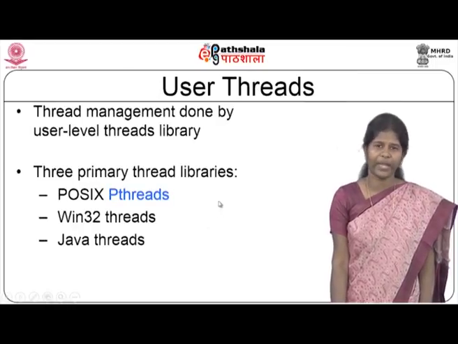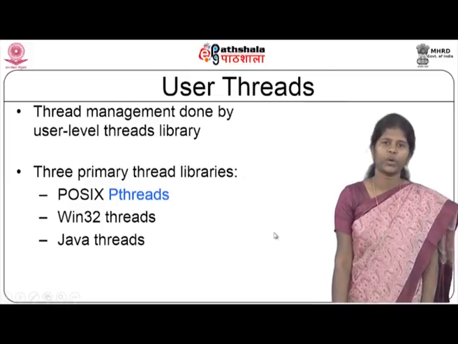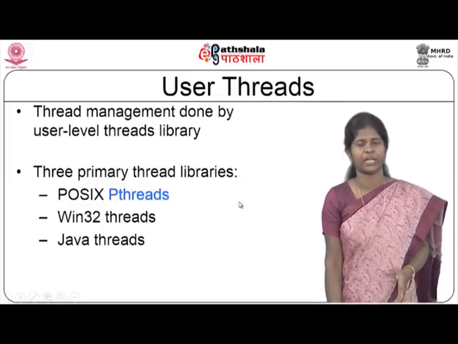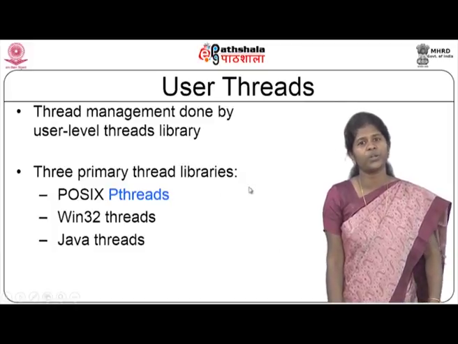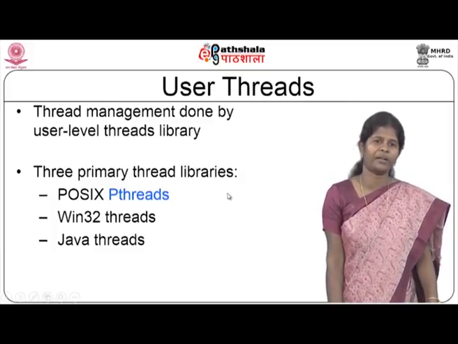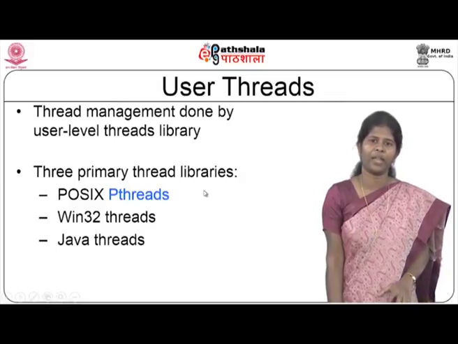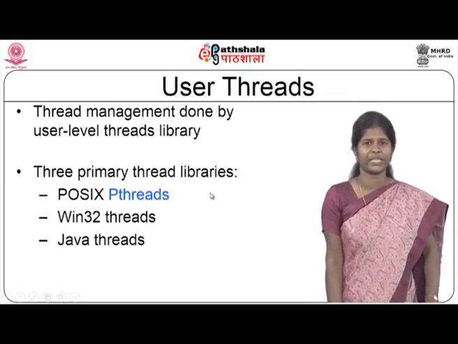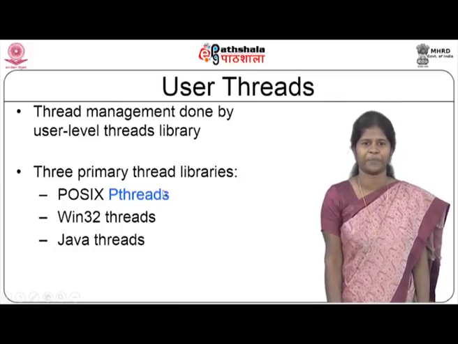Now, when you are looking at threads, there are two kinds of threads. One is user threads and the other is kernel threads. User threads are provided by a user level threads library, but the kernel will only have a single sequence of execution.